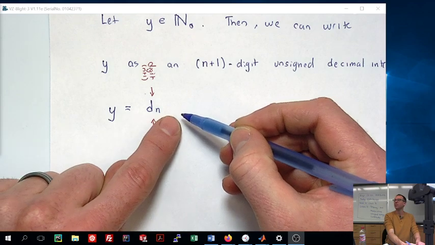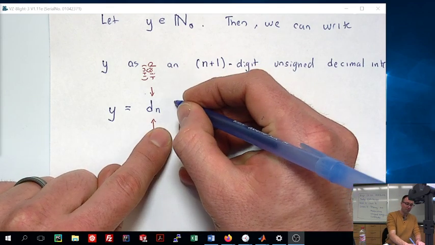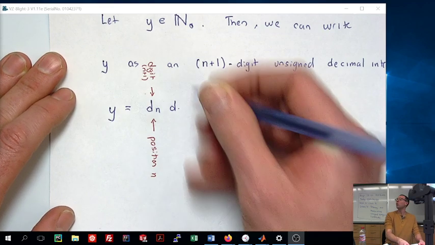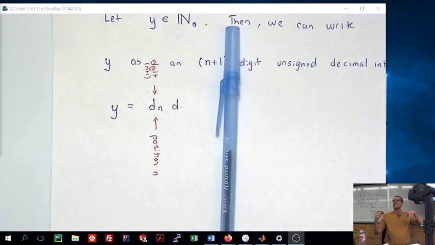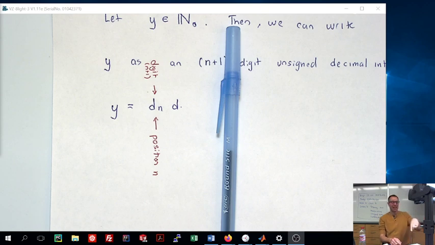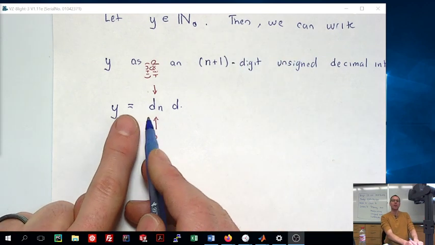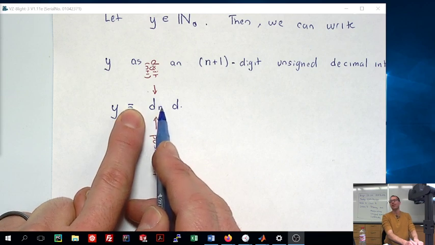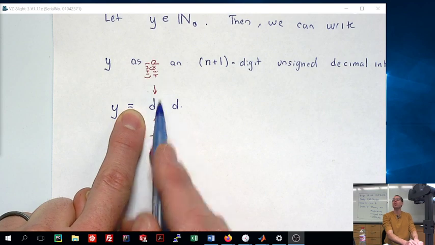What's the next one? Careful. Position numbers increment going right to left, which means they decrement going left to right. Here we start at the largest digit number, which is digit n plus 1, position n.